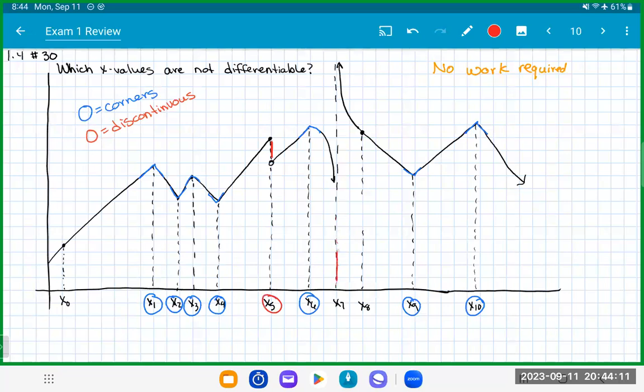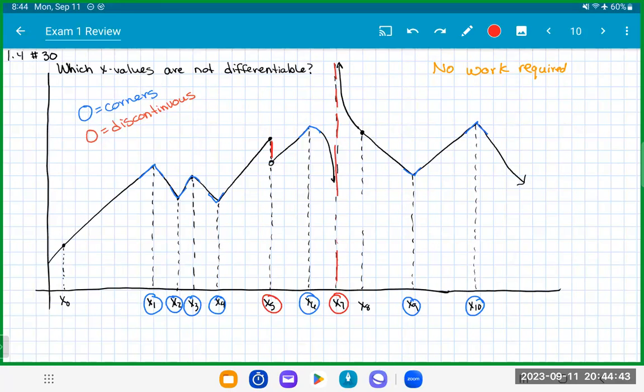You can also see this asymptote here, so there's a discontinuous jump in the graph here as well. And so x7 would not be. So really in this graph, there's only 2. There's this piece right here where it's solid and this part of the graph right here where it is solid. So there's only 2 of the values on this graph that are continuous and differentiable.